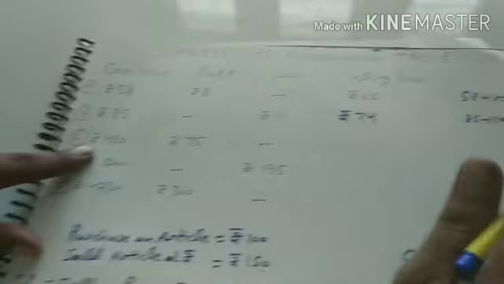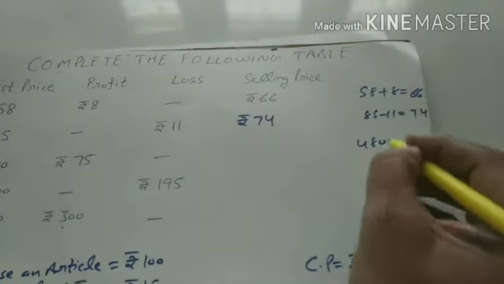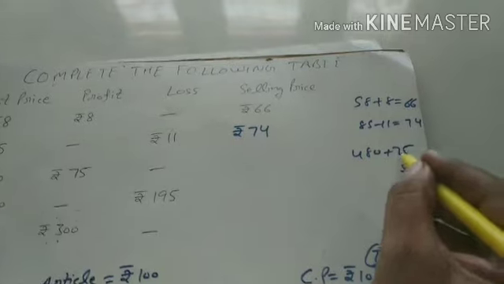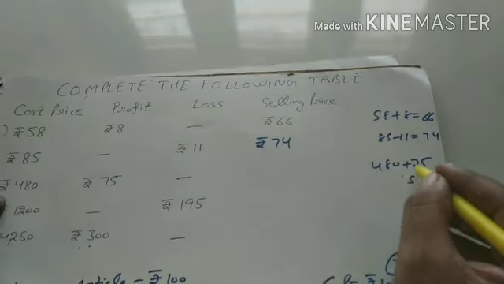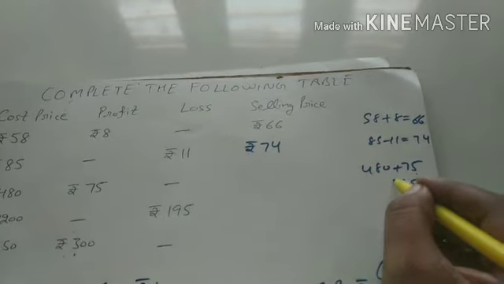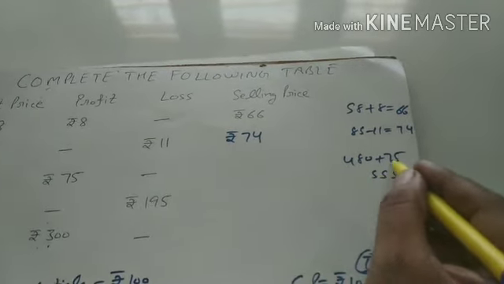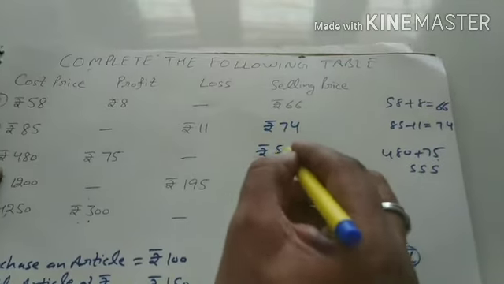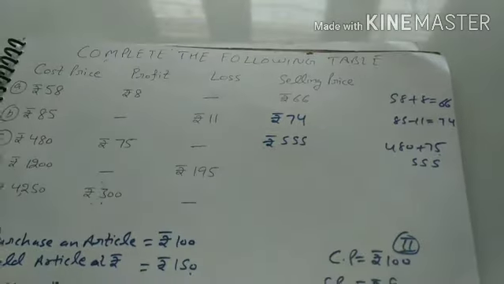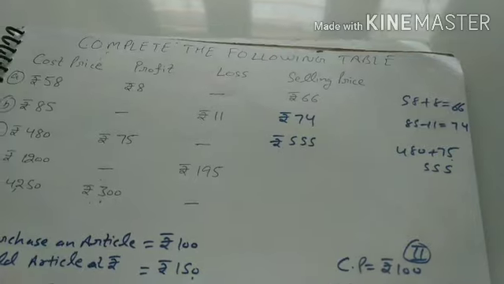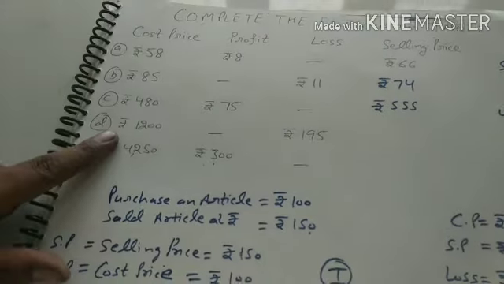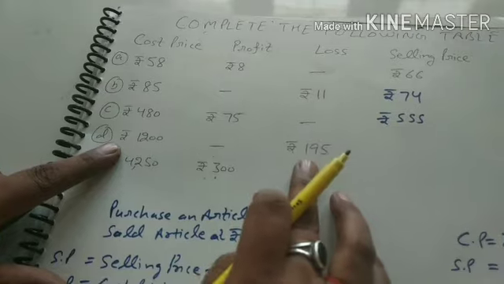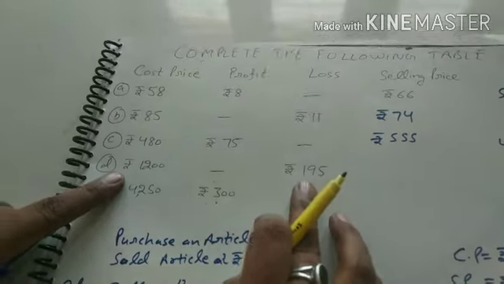So I am going to add 480 plus 75. Now 5 and 5 is 10, and so on. My answer is rupees 555. Okay student, clear?